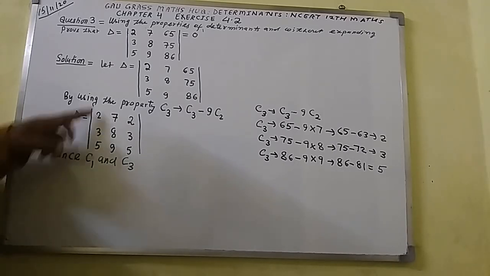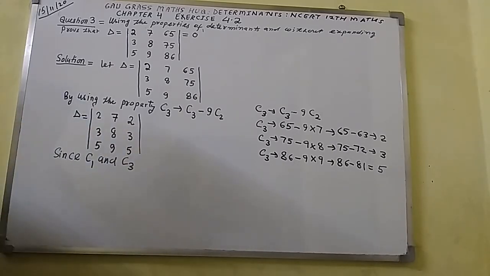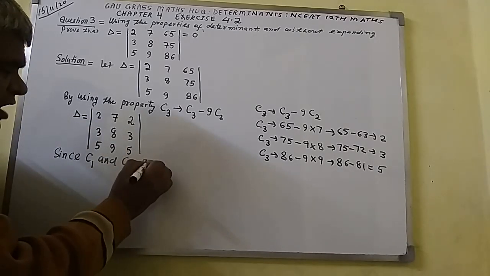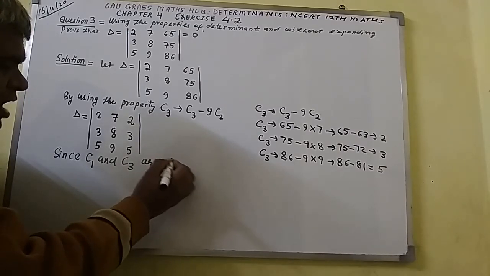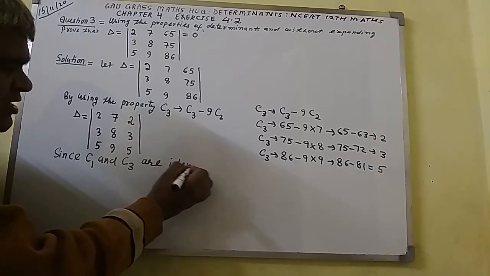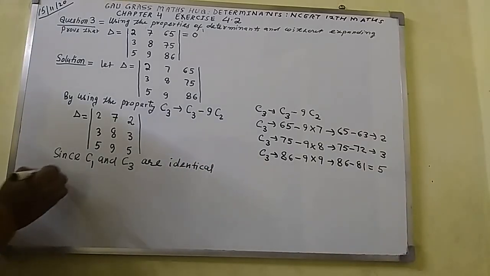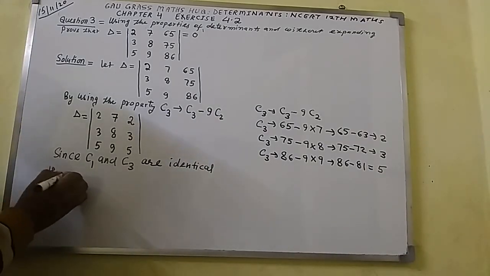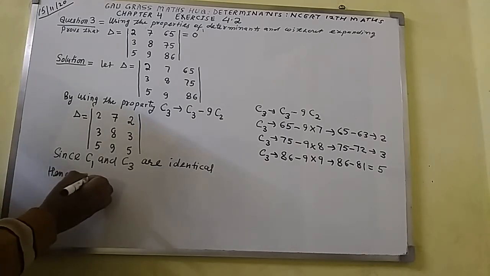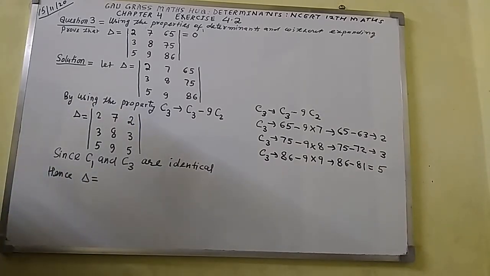So since C1 and C3 are identical, hence the determinant comes out to be 0.